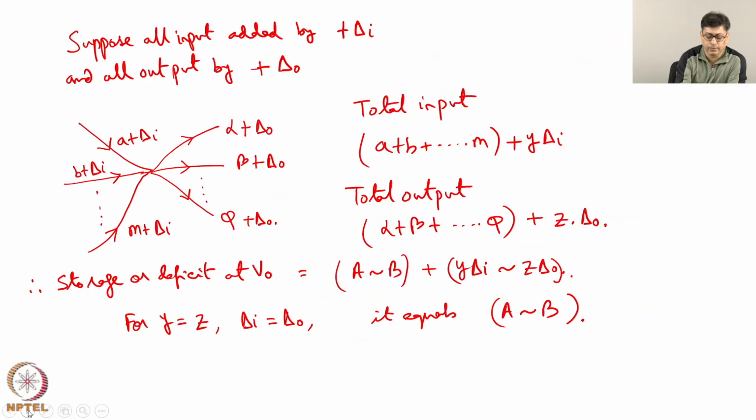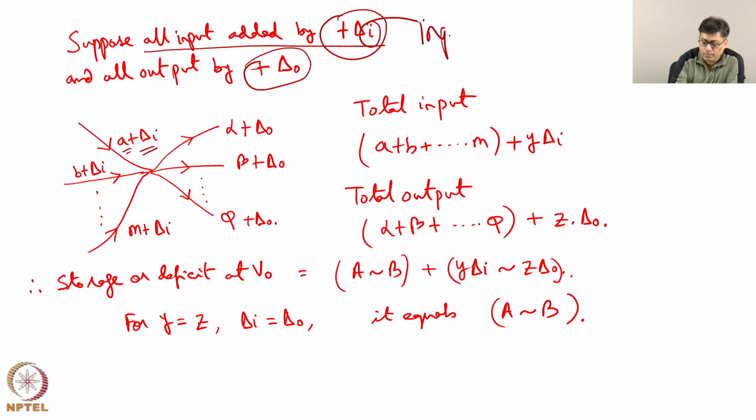And now, if we think that all the inputs are added by plus delta I and all the outputs are added by plus delta 0. A becomes A plus delta I for input, and O, this O is for output, which I am also calling as delta 0. So this becomes b plus delta I, this becomes m plus delta I, here is alpha plus delta 0, beta plus delta 0 and phi plus delta 0.